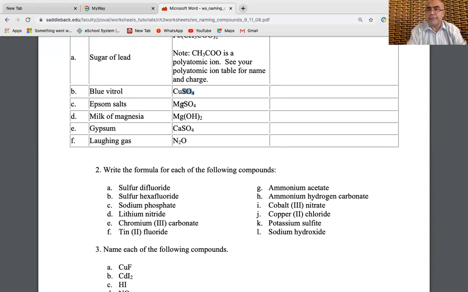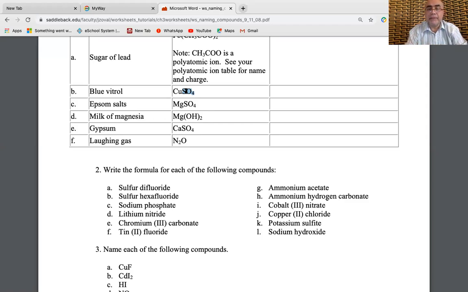Mg is magnesium. Magnesium has +2 only, so we cannot say it is magnesium(II). No, it is magnesium only. Magnesium is 2, so don't write 2 beside it. Why did we write 2 in Latin numerals, double I? That's because copper has 2 oxidation numbers, +1 and +2.